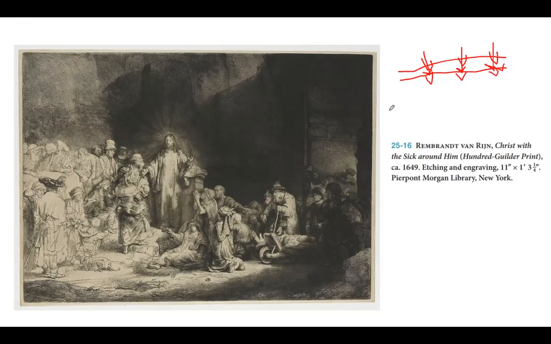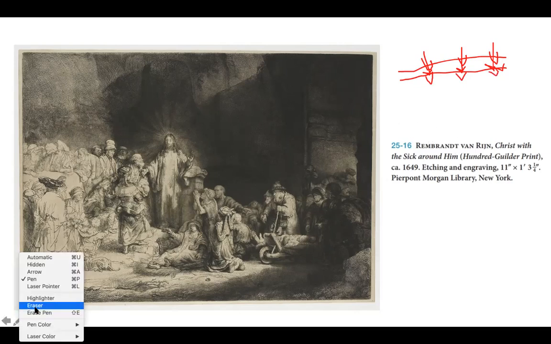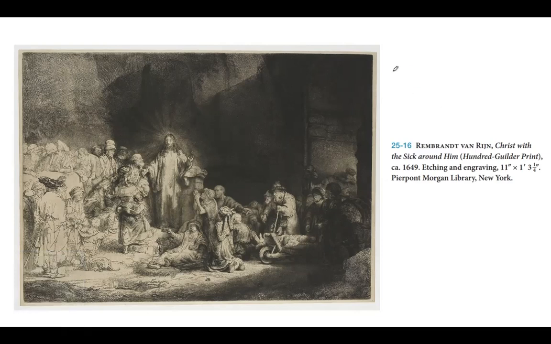So then your copper plate has grooves cut in it like this. And when you put ink on this, these little grooves fill up with ink. And then when you put paper on top of it and run it through a press, the paper presses down into this little groove and sucks the ink up onto the paper.